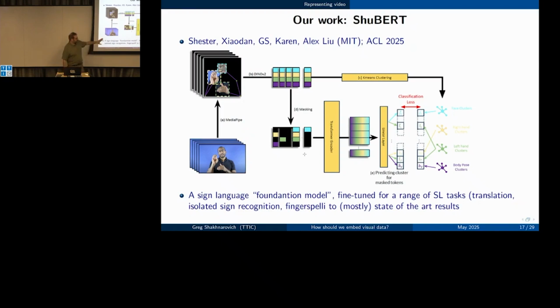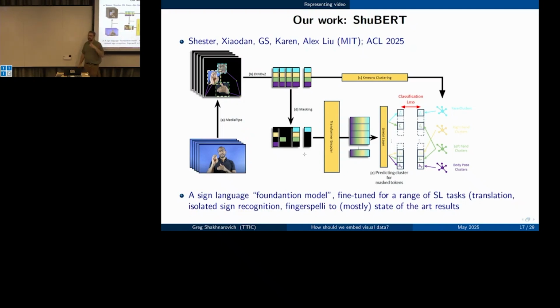So the important thing is that to train this, we go back to the idea of quantization. You run k-means on these tokens for face, for hands, for upper body pose; each of them has its own dictionary. You learn the indices, so now you have, let's say, 512 possible types of hand shape, 512 possible types of face, etc. And you learn to predict the masked identity of those discrete tokens for masked elements of the input.